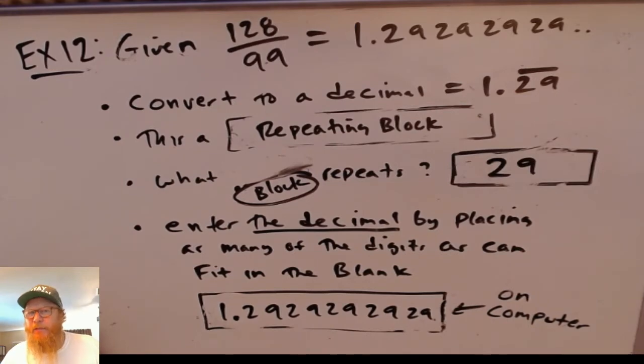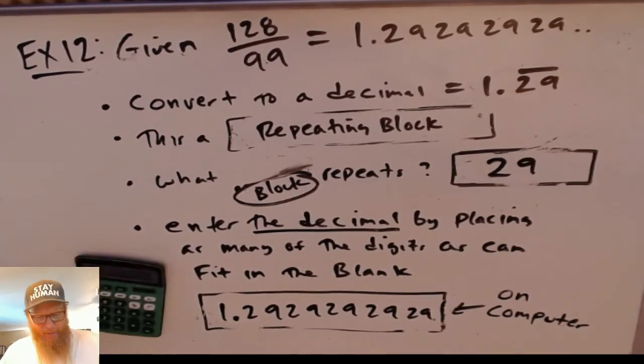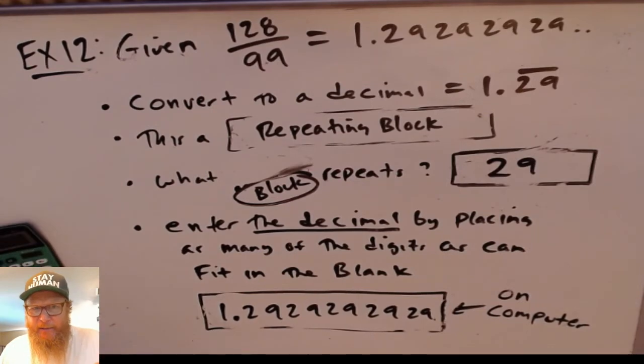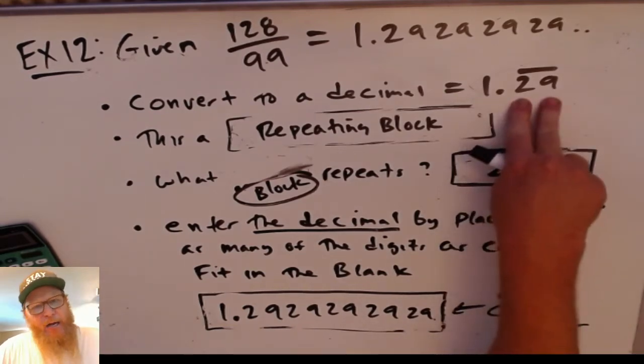You might start to notice something. With a 9, dividing by 9, you get one repeating digit. When you divide by 99, you get a repeating block of 2 digits.